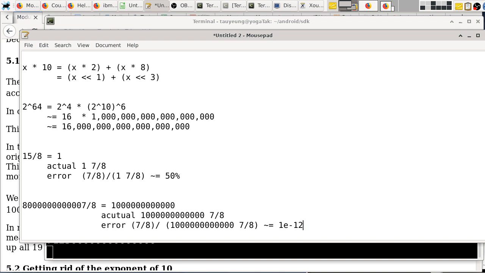Exactly. That is why we want to make the mantissa as large as possible before we divide, to reduce the error. Okay. So now we identify the problem, which is that division can introduce errors. But we also found a solution, which is to make the dividend as large as possible before we divide.